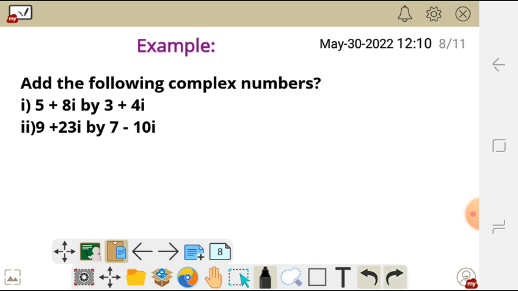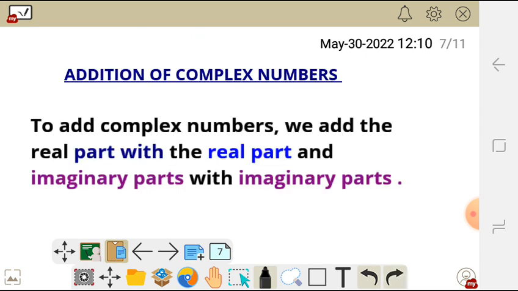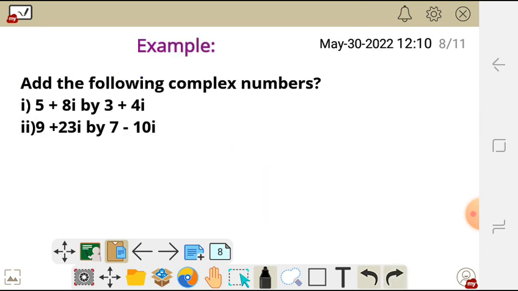Number 1, we have 5 plus 8i and 3 plus 4i. And number 2, we have 9 plus 23i and 7 minus 10i. So let's start by adding those two complex numbers. Remember, don't forget that we add the real part with the real part and imaginary part with the imaginary part.